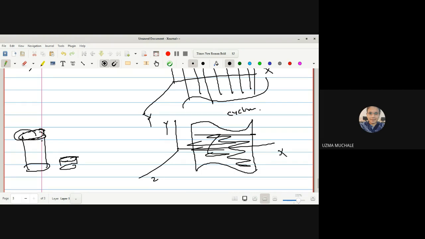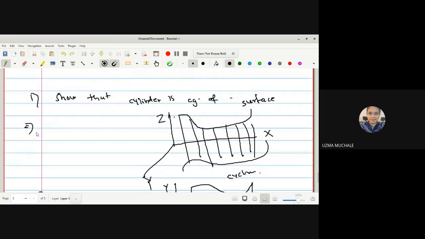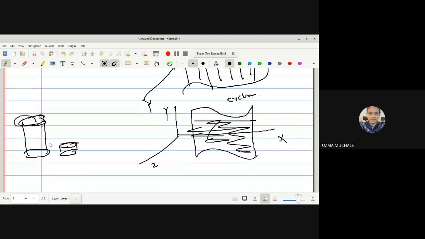So here this cylinder is not an example of a surface, but that's why maybe in differential geometry they have defined a cylinder in such a way that you have to find one curve in any plane, put a straight line on that curve and move that straight line along this curve, and whatever object you create is the example of a cylinder.